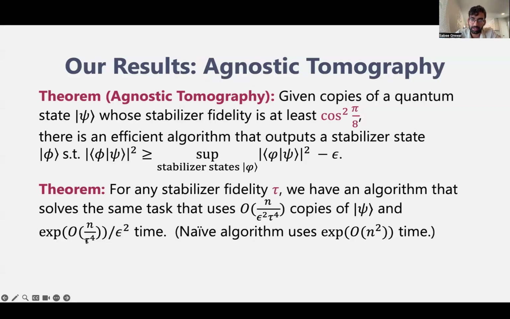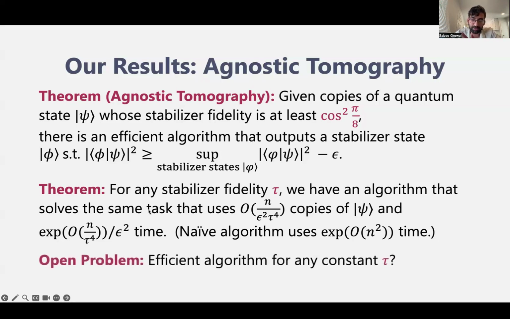So when tau is constant, our algorithm is a substantial improvement over the prior state of the art, but it's still an open problem to see if we can do better. It would be very nice to have an efficient algorithm for any constant tau. And we have no lower bounds for this problem either, so it's really a mystery whether this is possible or not.